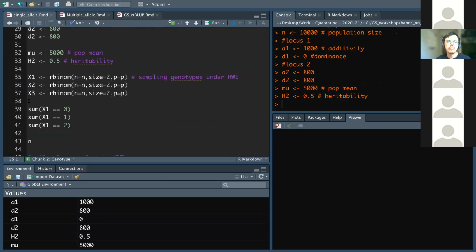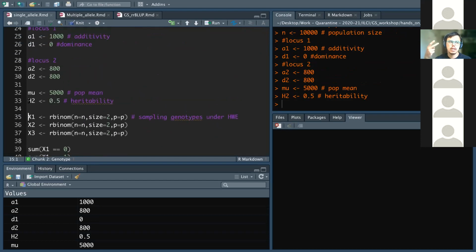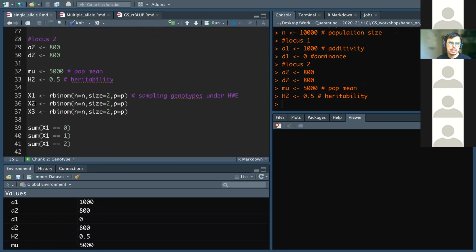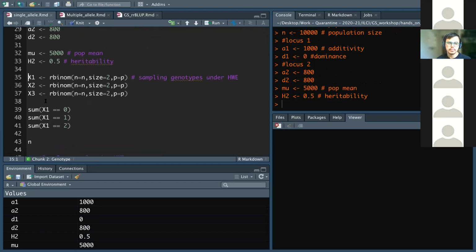So now we have to produce the genotype for the 3 alleles. Remember that we are going to simulate alleles, one with an additive effect, another with a dominant effect, and another that doesn't have any effect on the phenotype. That is why I didn't specify an additive or dominance effect for the last locus.